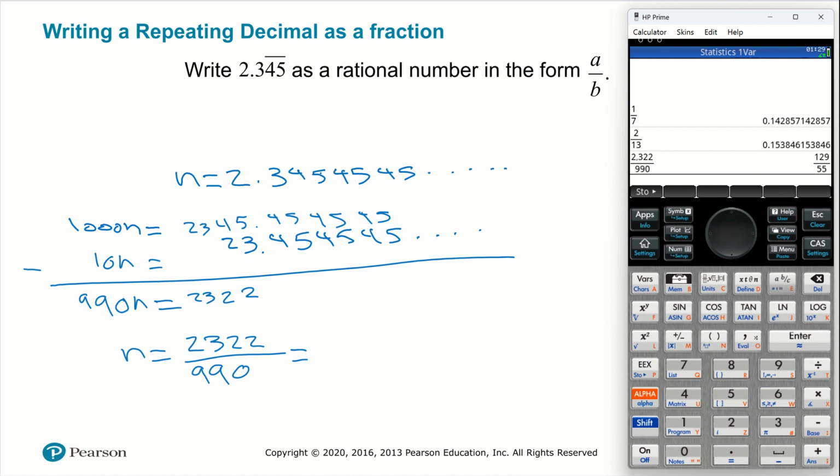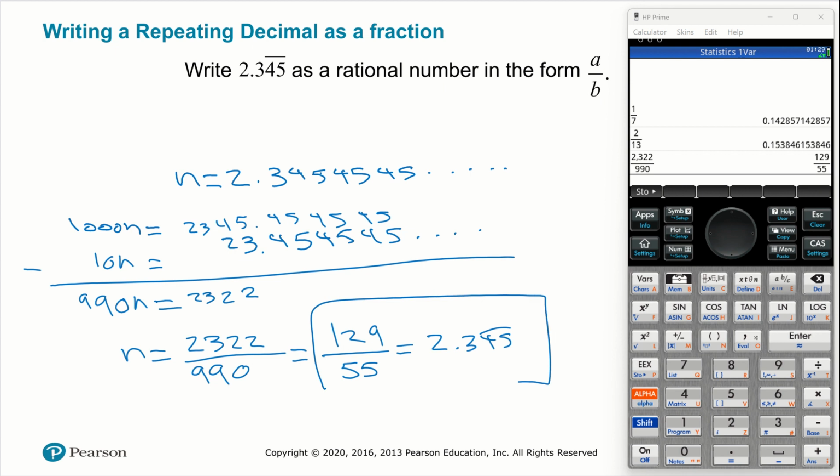So I get 129 over 55. So there is my 2.345 bar written in fractional form. All right, so that's how we handle those.